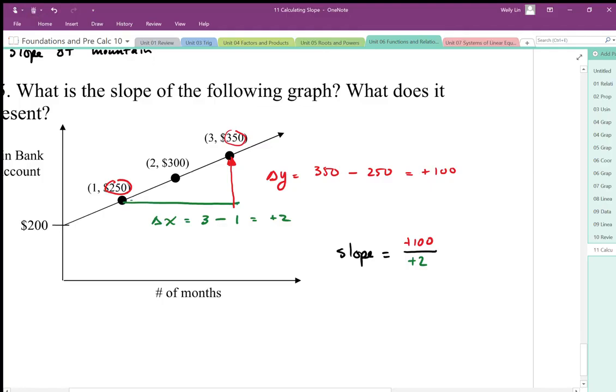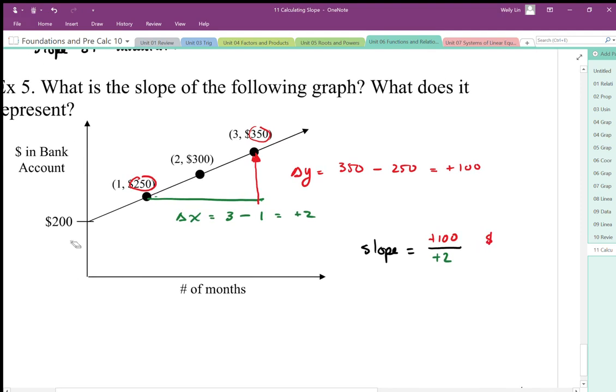The units in the numerator are dollars, because the change in y is in dollars, and then the change in x is months. So the slope actually has units. So the slope is going to be positive $50 per month. So this slope ends up being a rate in this relationship. This relationship of months to dollars in the bank account is increasing at $50 per month, and that increase is what's being described by the slope.